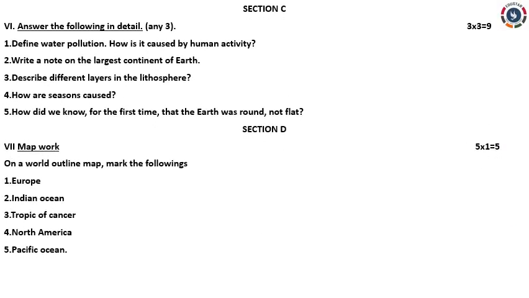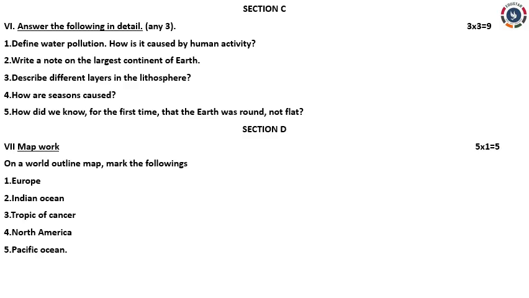Next, section C, Roman letter 6, answer the following in detail. Here I have given 5 questions, isn't it? So from this you have to write any 3 questions. Since it is a detailed answer, try to write minimum 10 points. Okay. Next, section D, Roman letter 7, map mark.